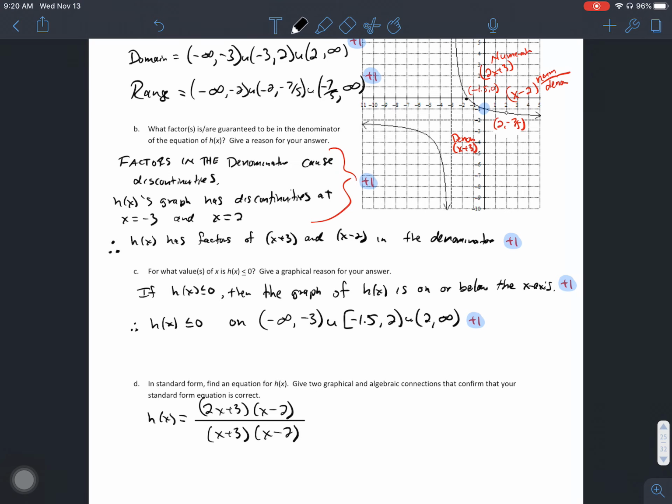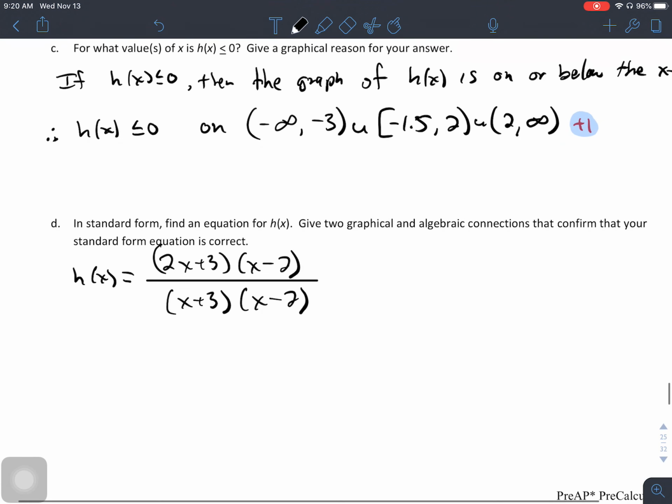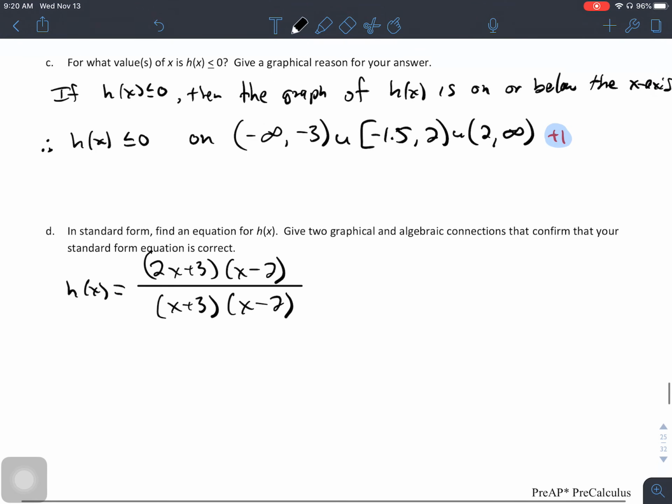Let's see how this shakes out. And you might recognize as we're doing this, if something doesn't exactly check out, we're going to be able to fix that when it doesn't check out. So right now things are looking good. So the thing that we want to consider, so we know that the holes, vertical asymptotes and x-intercept are correct.